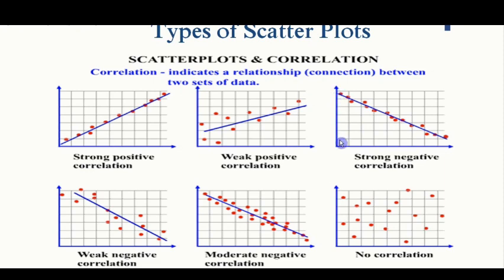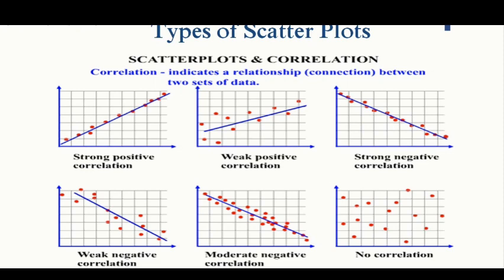So, smaller values of x are associated with larger values of y, and as you increase the values of x, the value of y decreases, or the larger values of the x variable are linked with the smaller values of y. So, there is exactly the reverse tendency between the two variables, and this is a case of negative correlation.